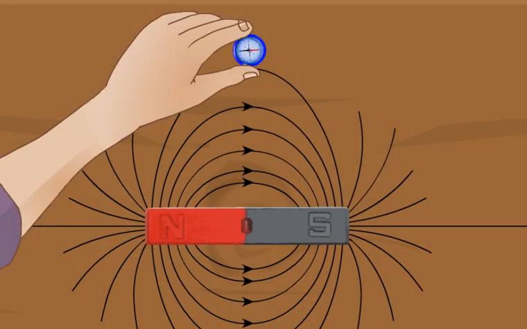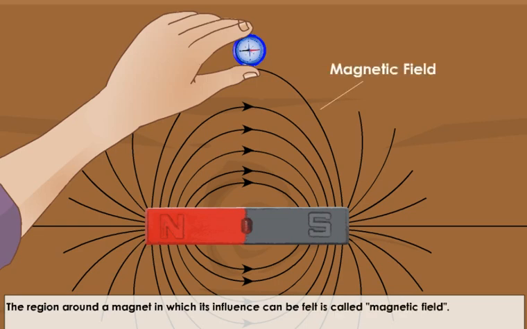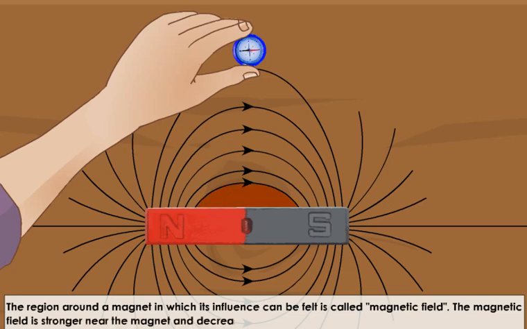This clearly shows that the effect of a magnet can be felt in a certain region around a magnet. Students, the region around a magnet in which its influence can be felt is called magnetic field. The magnetic field is stronger near the magnet and decreases with the increase in distance from the magnet.